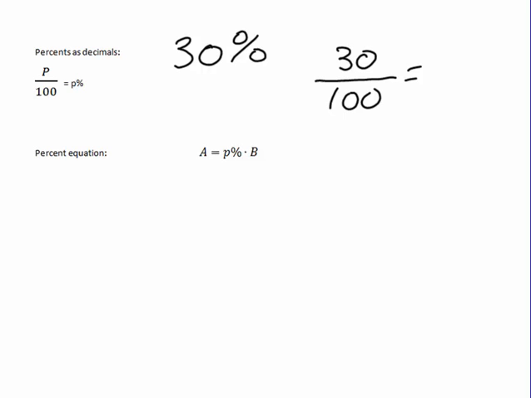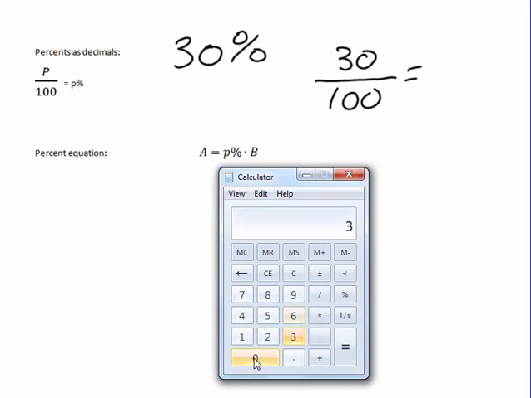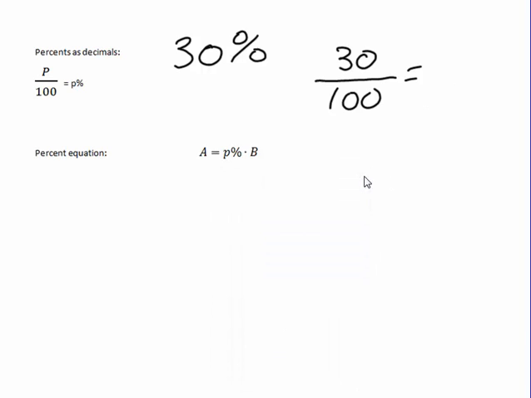Our calculator would let us know quickly that 30 divided by 100 is 0.3.